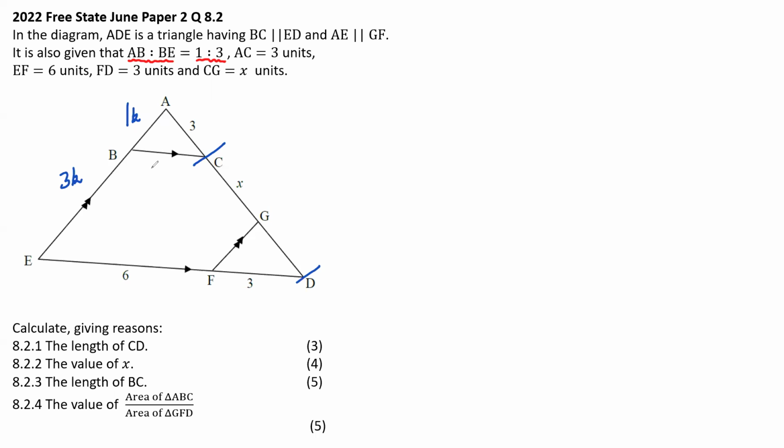Now, if I'm going to concentrate on the line BC, BC being parallel to ED, then I could safely say, because I'm looking for CD, AB over BE is equal to AC, and they gave me AC, over CD, and I don't know what CD is.